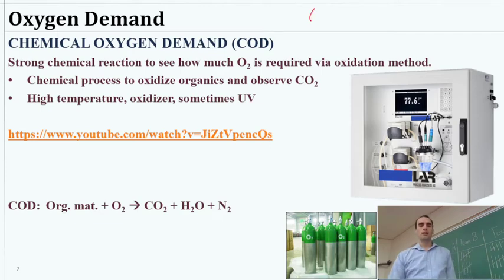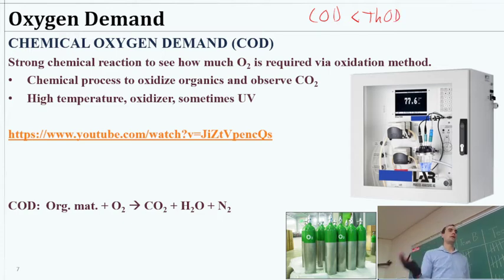The COD, in that sense, the value that you calculate, is going to be less than the theoretical. But you can do this on a mixture of wastewater where you have no idea what kind of molecules are in there, right? You'd have no capability of predicting exactly what the stoichiometry is going to be. So this is kind of a little bit of a brute force method. It takes maybe a couple hours.